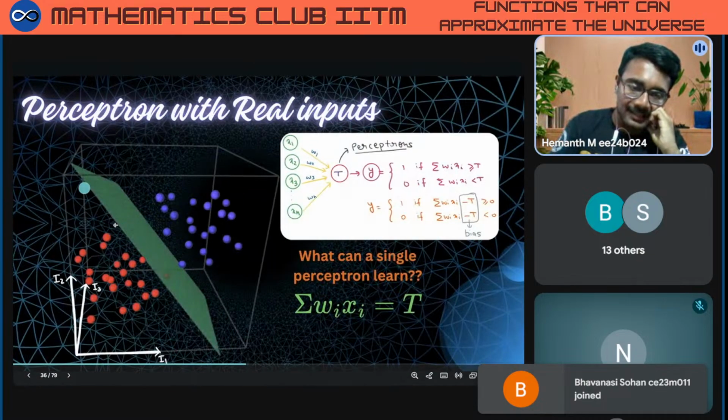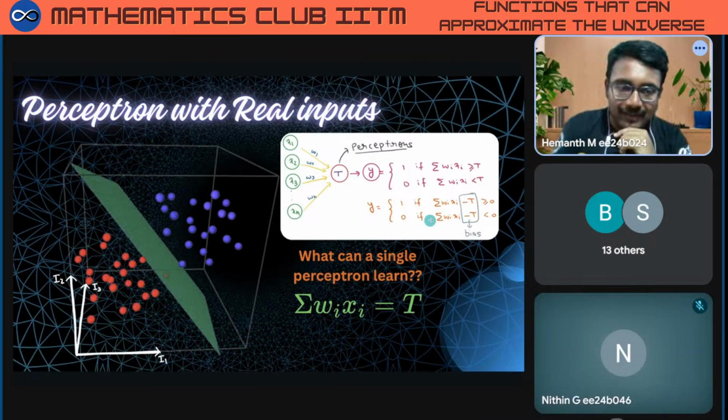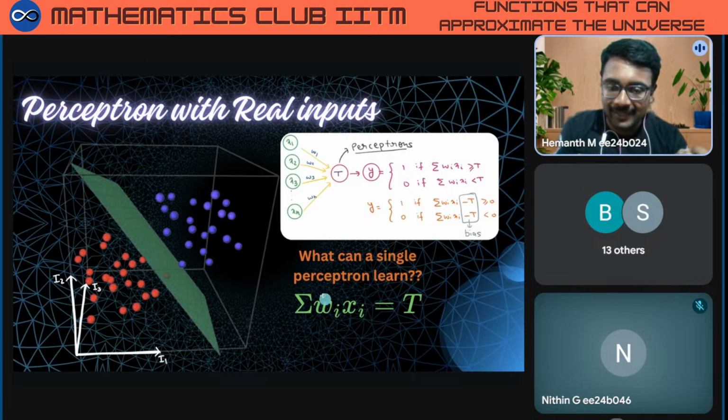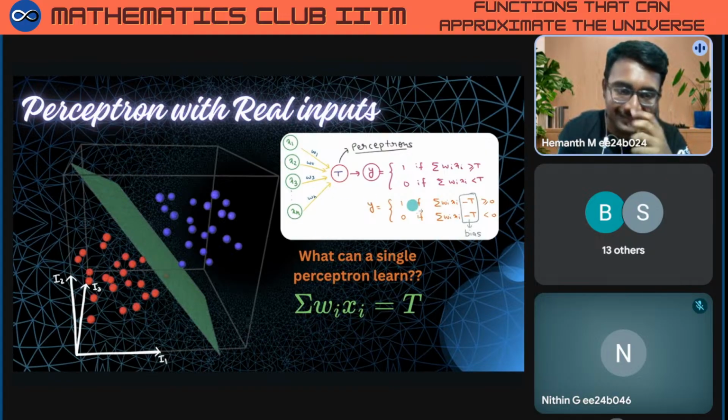This green plane that you can see here is the boundary that separates these two. You can learn this boundary using one single perceptron, because we can adjust these weights and threshold to match the equation of this plane. So we can expect it to learn this particular boundary. And this is the bias thing which I said earlier. I hope this is clear.